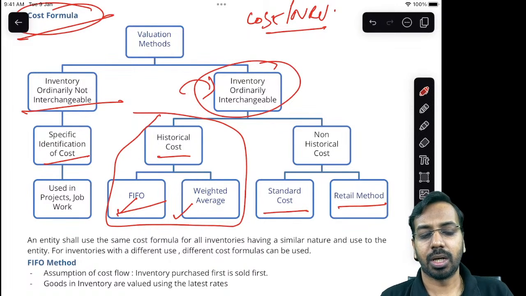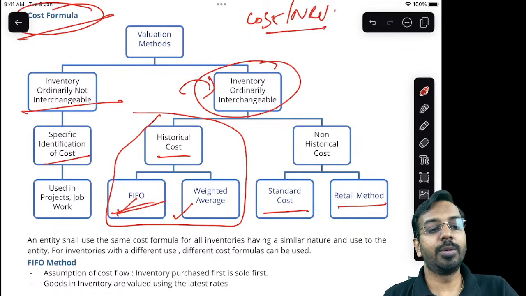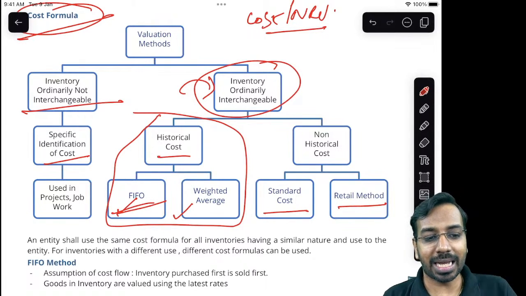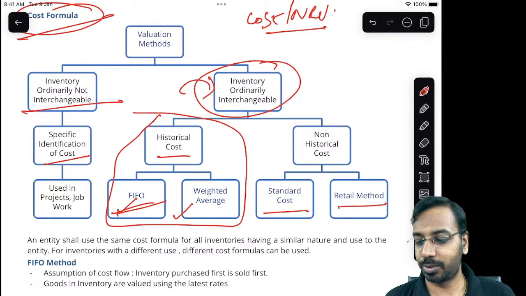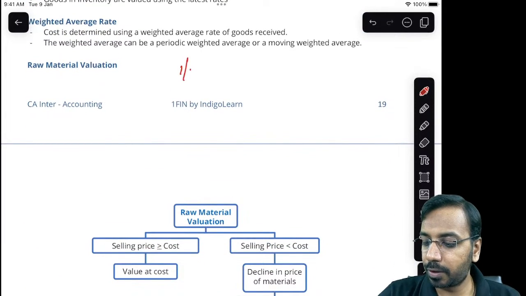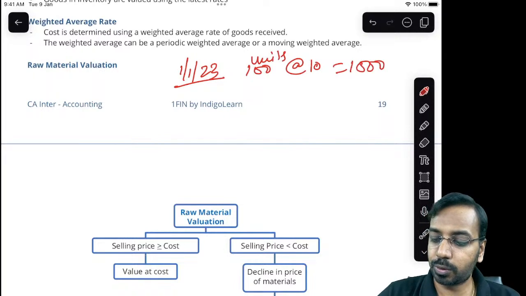What does that cost flow assumption say? FIFO means whatever comes in first will be sold first. Whatever comes in last will be sold last. That is the FIFO assumption. Now under the FIFO assumption, let us say on 1st January 23 you have 100 units at 10, which is 1000.